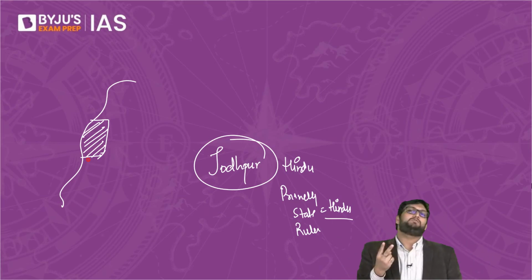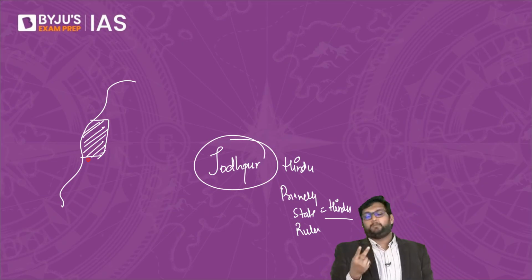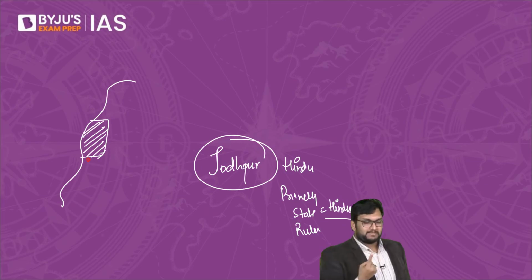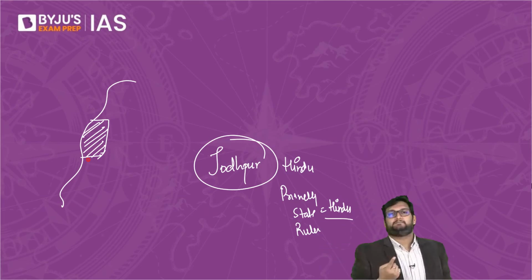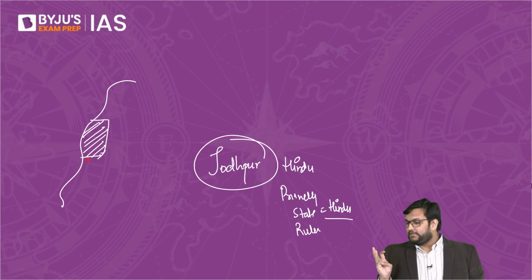Now Menon says two things to Jodhpur ruler. He says, you have two options. First, you accede to India. And if not, you have threatened an Indian IS officer inside the Viceregal's palace. And this is an offense according to the Indian Penal Code.